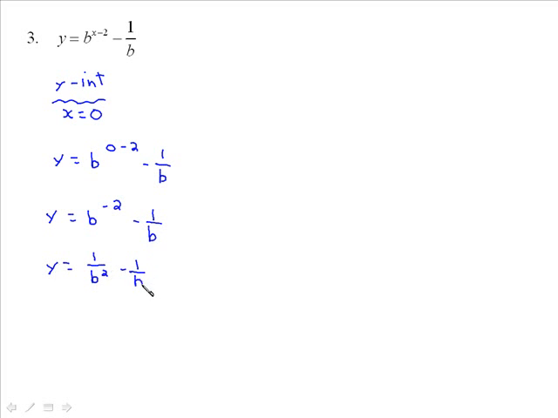And this takes us back to simple rational expressions where you've got to get a common denominator. And that LCD is going to be b squared. And this one stays as is, but you have to multiply the second one by b, top and bottom. So that would give you 1 minus b over b squared. So your ordered pair for your y-intercept, whatever b is going to be, is 1 minus b over b squared.